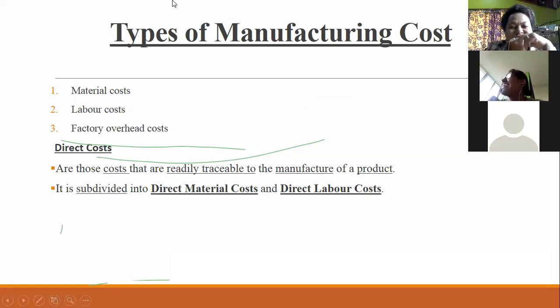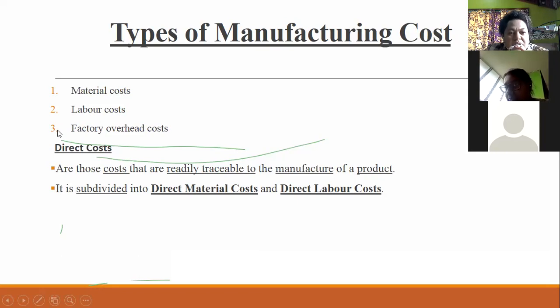Moving on. Let's look at the different types of manufacturing cost. Number 1, we have the material cost. Number 2, we have labor cost.